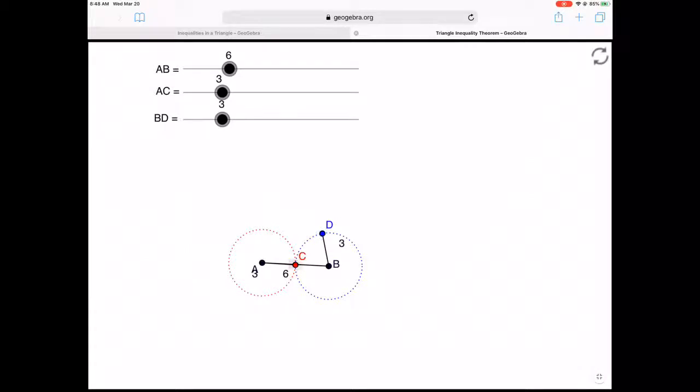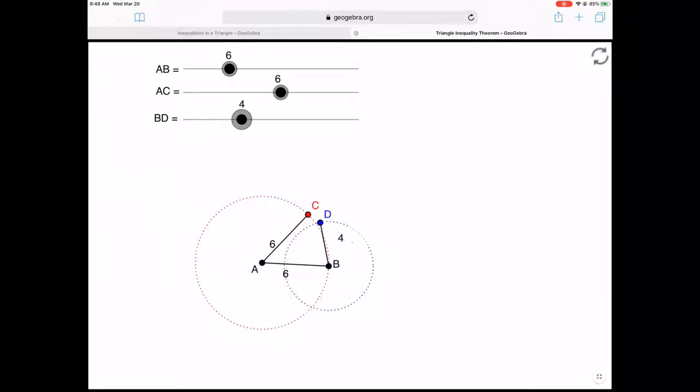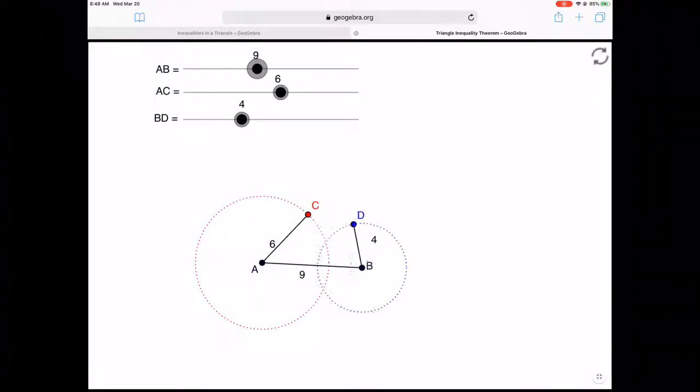Okay. All right, so let's try it again. If we do like 6 and 3 or 4, let's do that. Add those together. That gives us 10. So we can make a triangle for any of these situations as long as the longest side is less than 10. So 9 is the largest that we could make, assuming that we're using integers, or whole numbers.